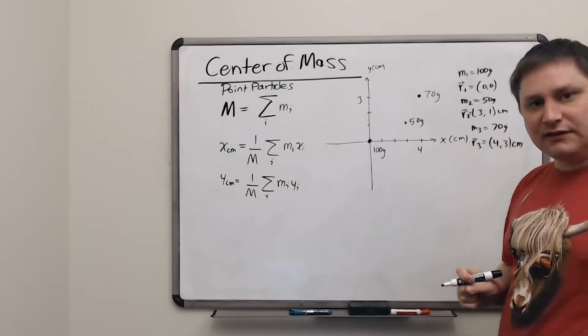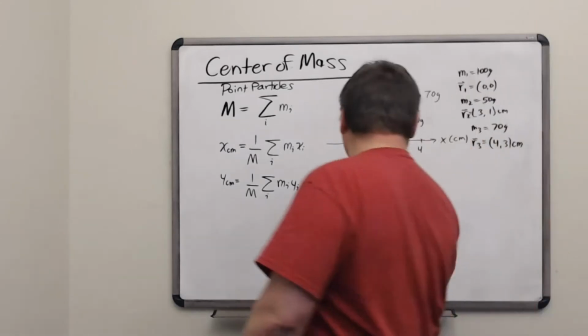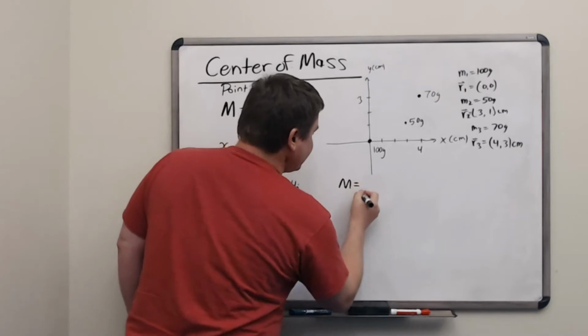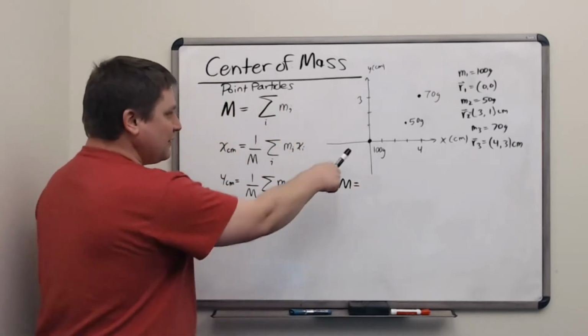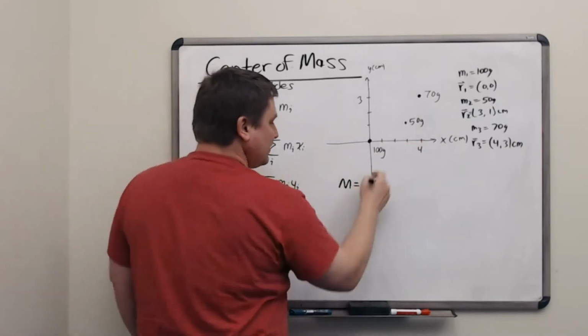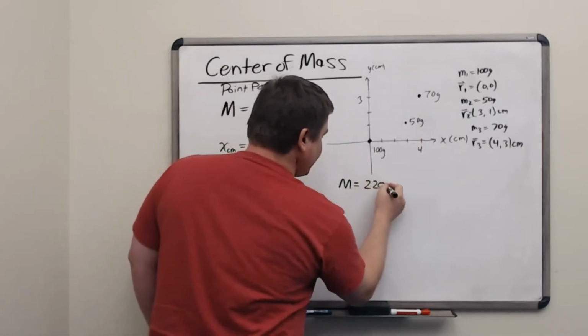That would describe the collection of objects. First, let's calculate the total mass. This will just be the sum of all the masses in the collection. So 100 plus 50 plus 70 gives me 220 grams.